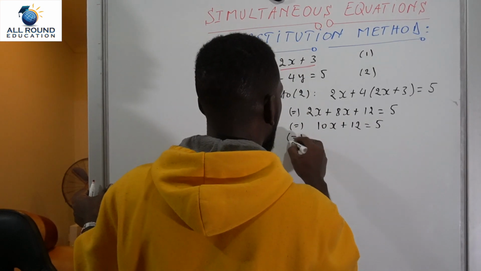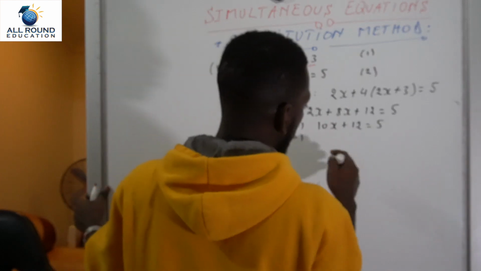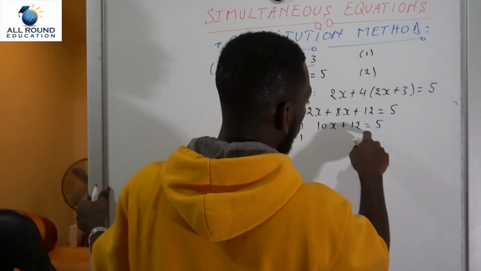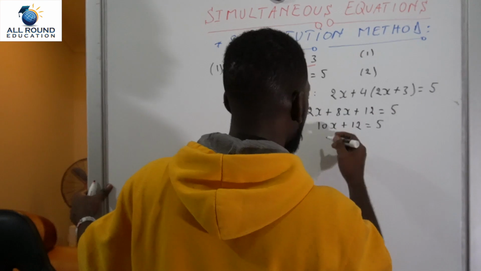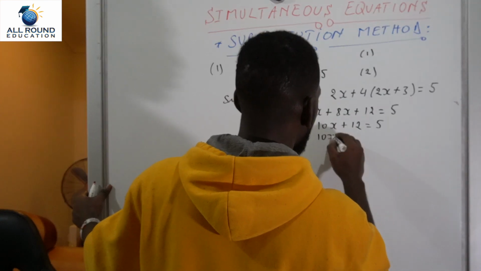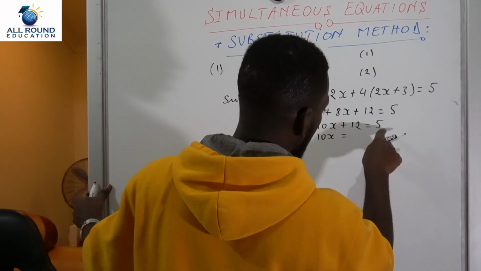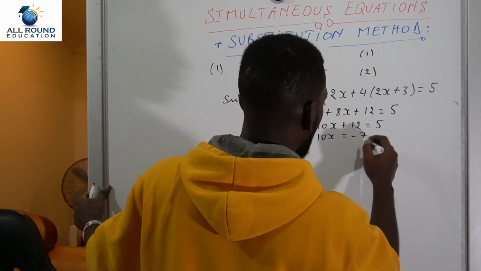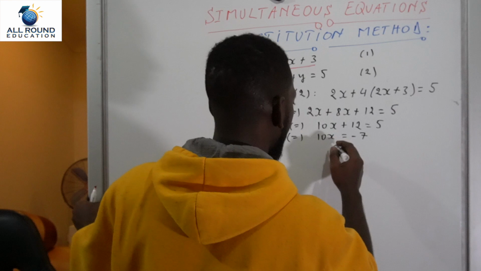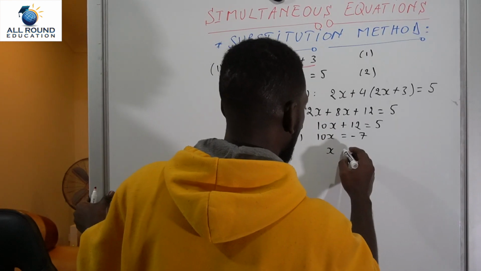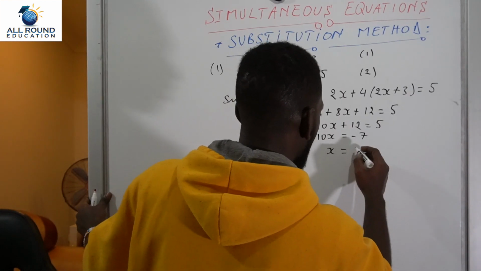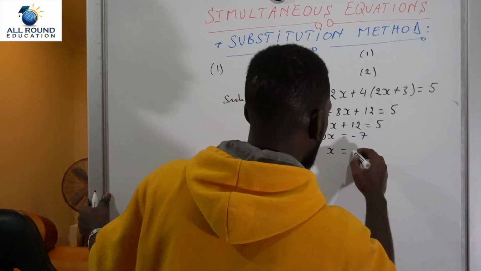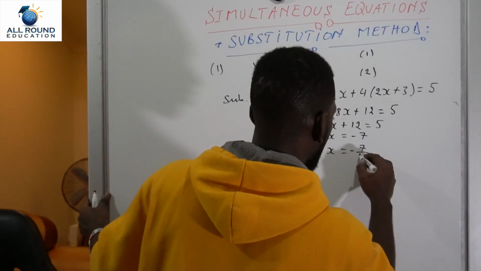And then my next line should be subtract 12 on both sides, right? You end up with 10x equal to 5 minus 12, which gives negative 7, right? And therefore our x value, dividing by 10 on both sides, will be negative 7 on 10.